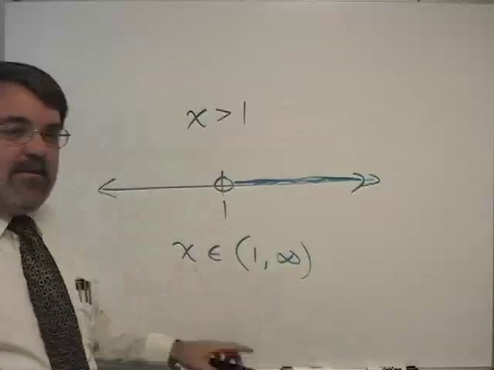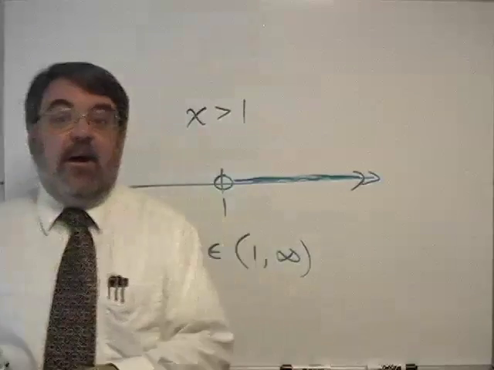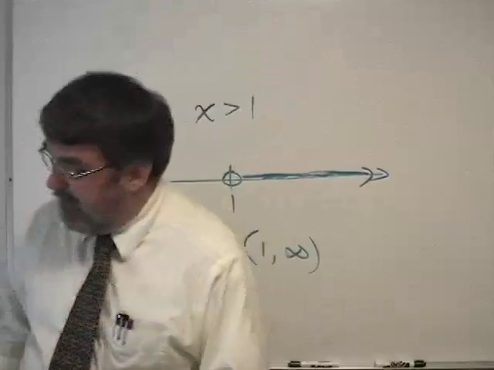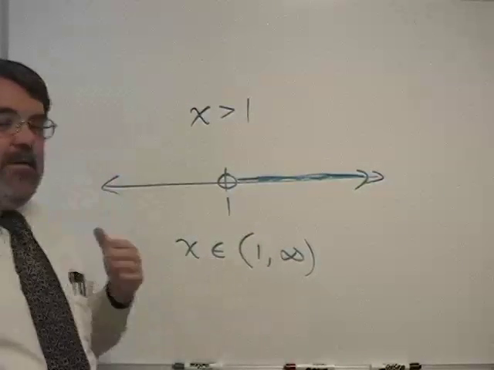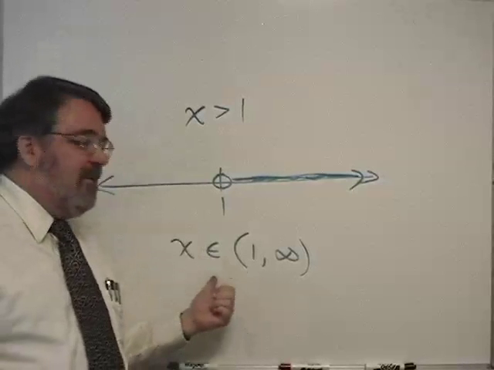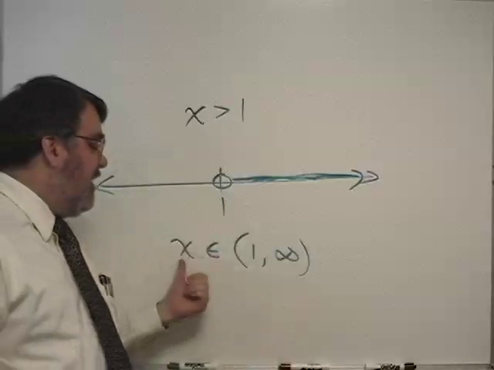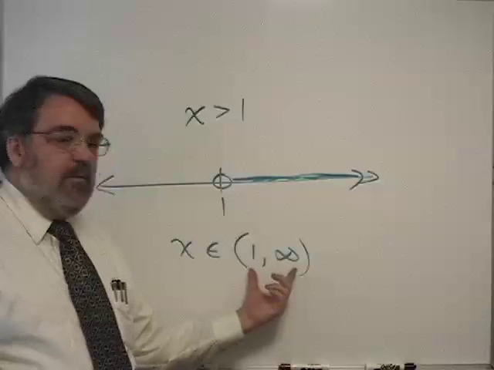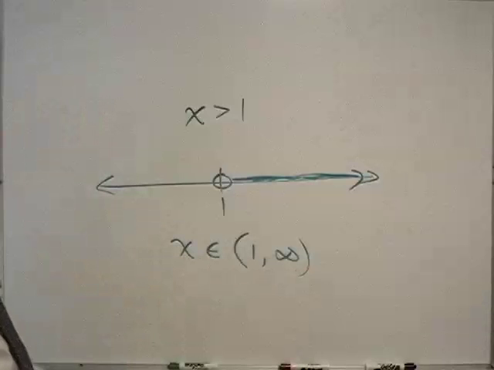This is the element symbol. In fact, if you know Greek, it's not even the Greek letter epsilon. So it's the element symbol. And you might think, less formally, that it means x belongs to or is a member of. So x belongs to the interval from 1 to infinity is how you could translate this into a little less formal language.